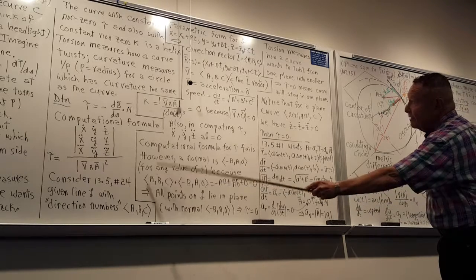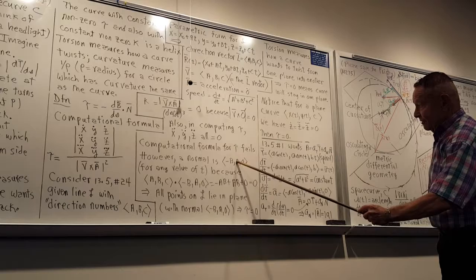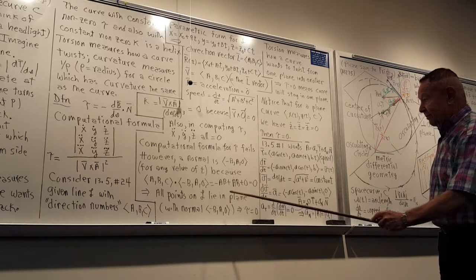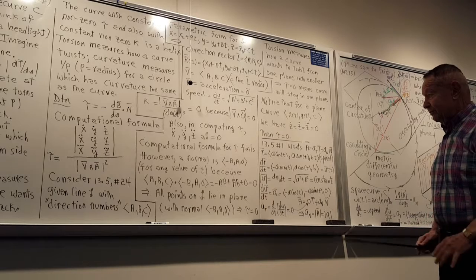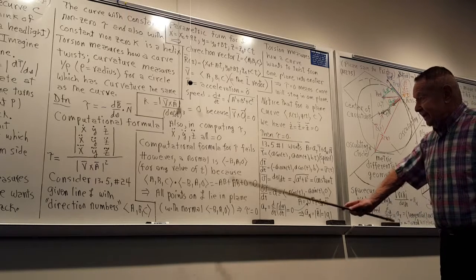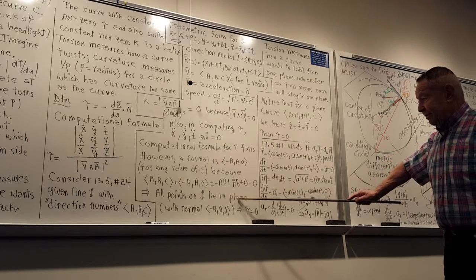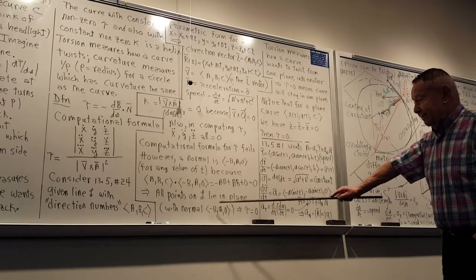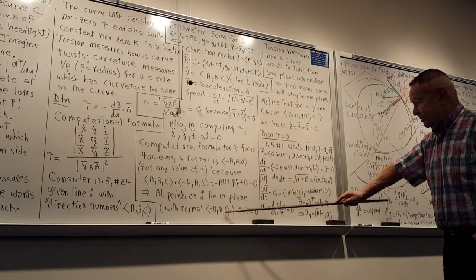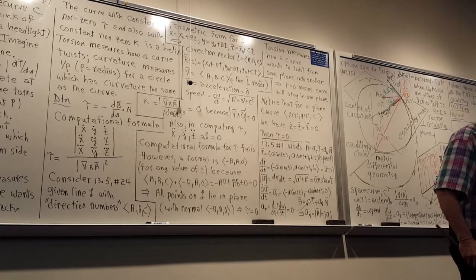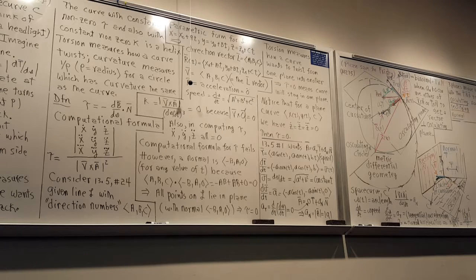You see, if you dot this vector with this one, you get 0. So what that proves then is that all the points on the line lie in a plane for which this is the normal, and that's what you mean by zero torsion.